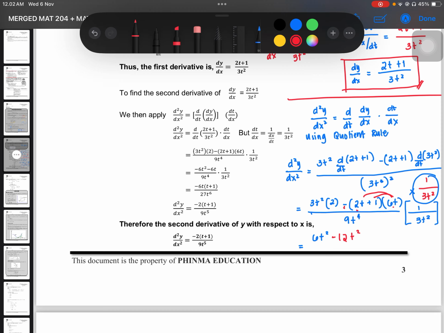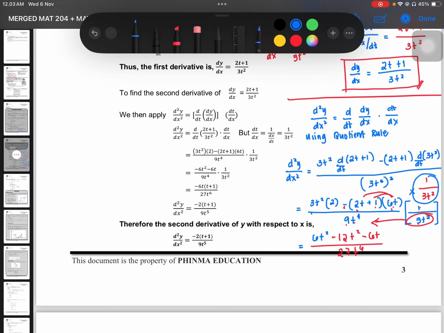Then, negative times 1 is negative 1 times 6t is negative 6t. All over, okay, so ito, i-multiply na natin dito. Kasi si 1, okay na yan diba? So, 9 times 3 is 27. Then, t raised to 4 times t raised to 2 is t raised to 6, pag pinagsama.